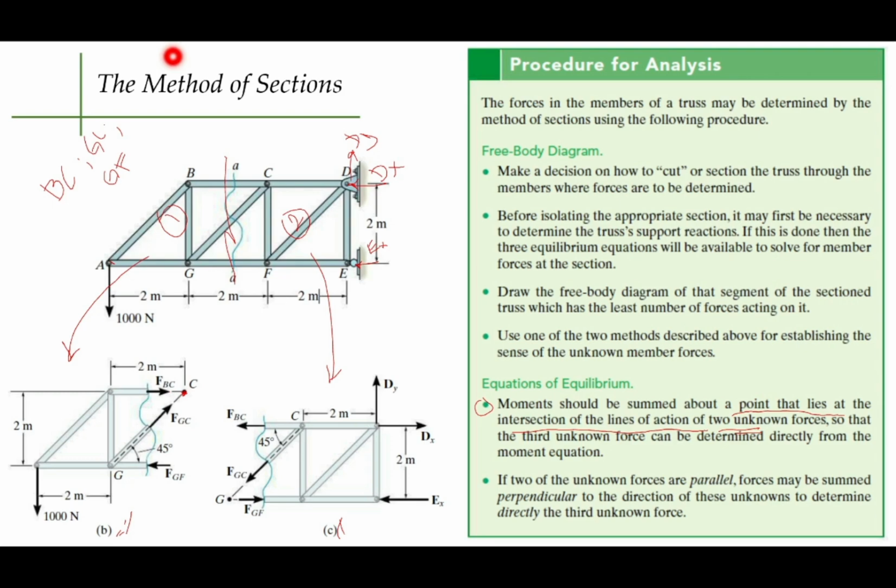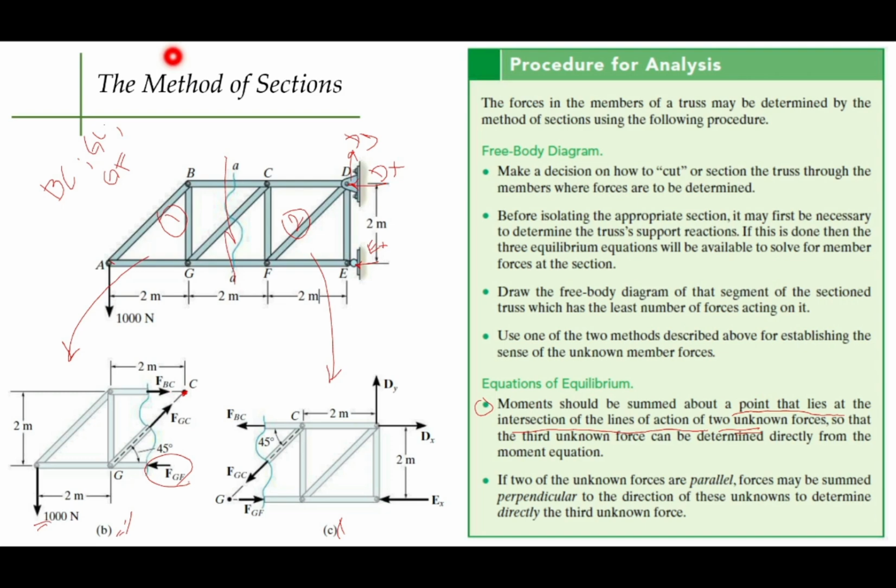Because again, if you want to have a moment, there has to be a perpendicular distance. So we do summation of moment at C equals 0, and then we'll have two forces, the 1000 Newton force and the unknown GF. Okay, so we can now solve that. Now after getting GF, we can proceed to do another moment.